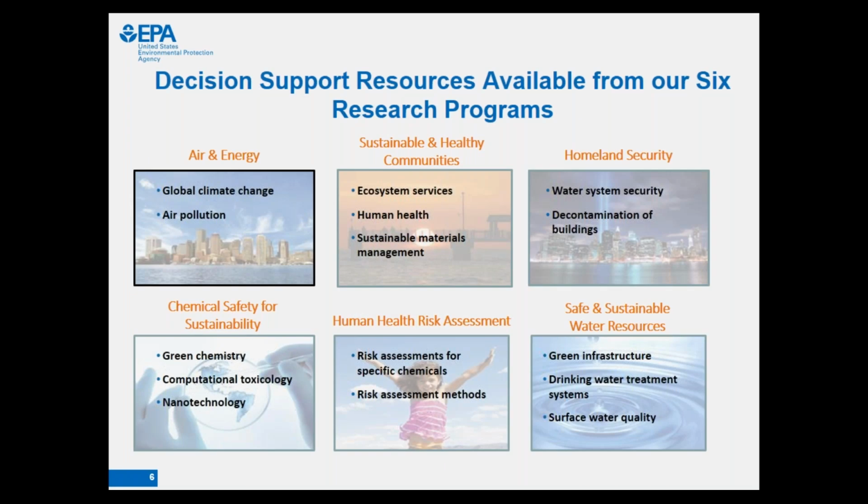We focus on 6 main areas, and we have resources in each of these, starting with air and energy, going on to chemicals, looking at communities, which includes ecosystem services, which I'm going to cover, dealing with materials management and human health. We do risk assessment.